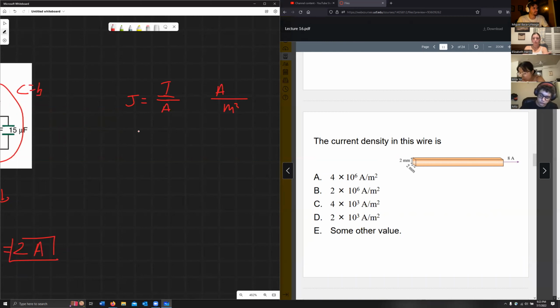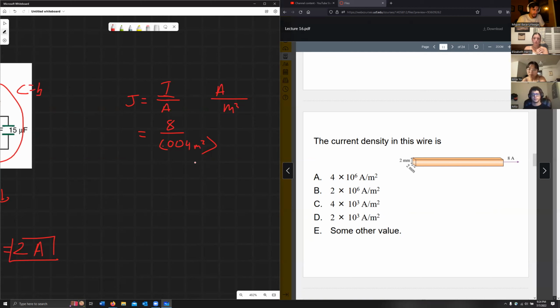So this is going to be 8 over 4 millimeters, centimeters, 2 times 2 is 4, and then divide by 1,000. Yeah, I agree. That should be D, I think. Or B. Yep, it's D.